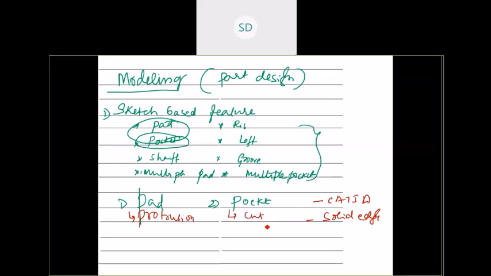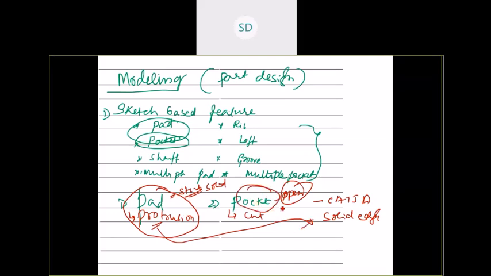Pocket means a cut, an open space. I am making a comparison so you understand quickly. Pad is similar to the protrusion option you used in Solid Edge. Pocket in CATIA is similar to the cut option.